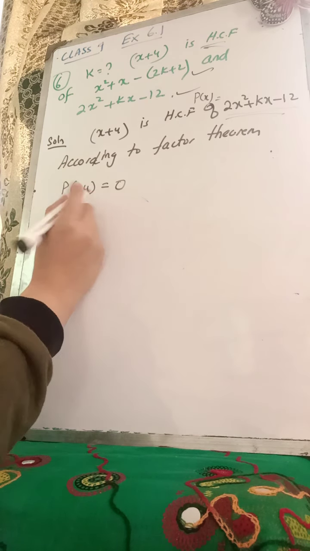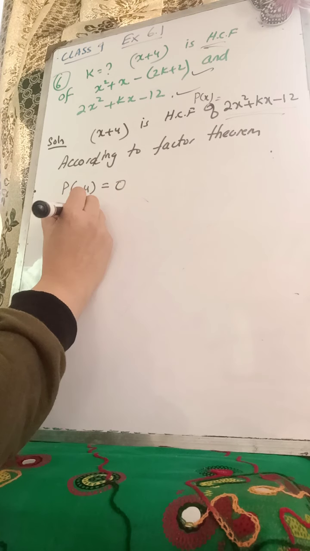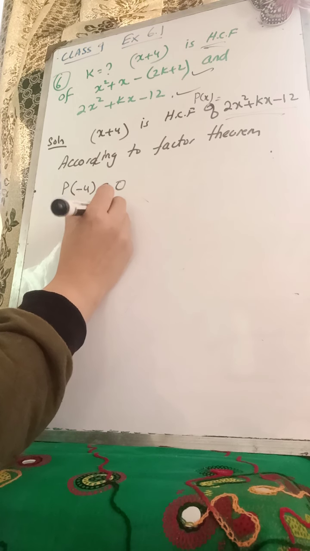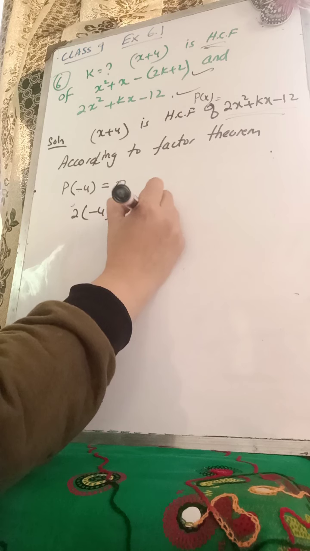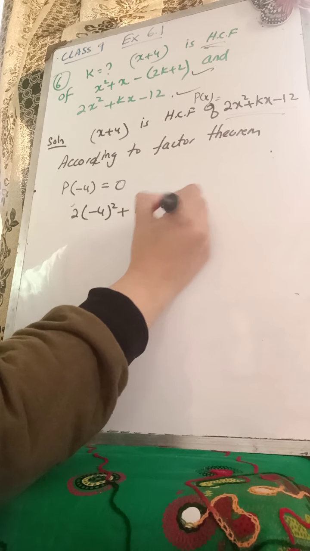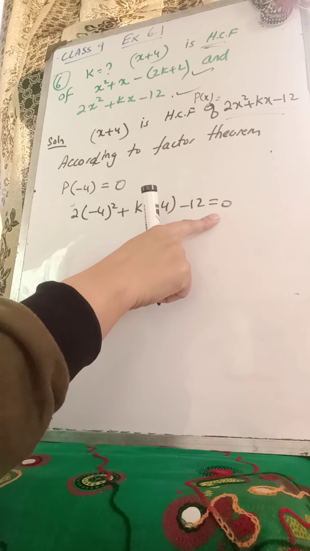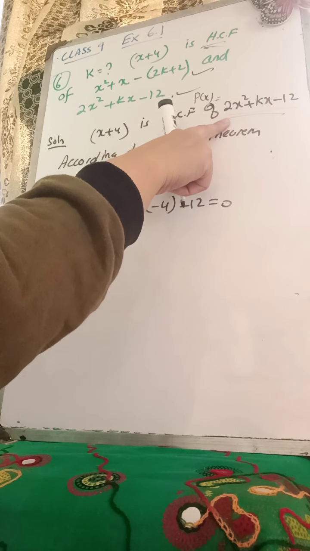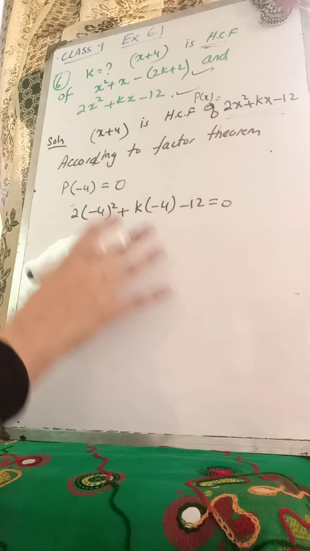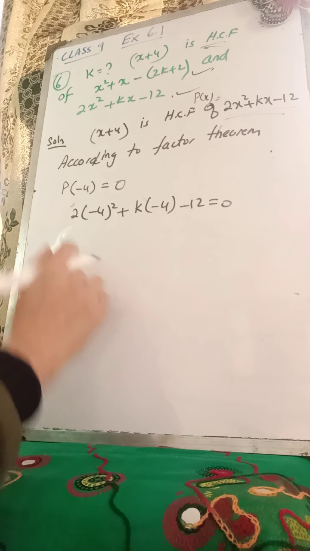So p of negative 4 means that if you put negative 4 in place of x, then it must be equal to 0. This must be equal to 0 if x plus 4 is a factor of this polynomial, and it is given in the question that x plus 4 is a factor of this polynomial.